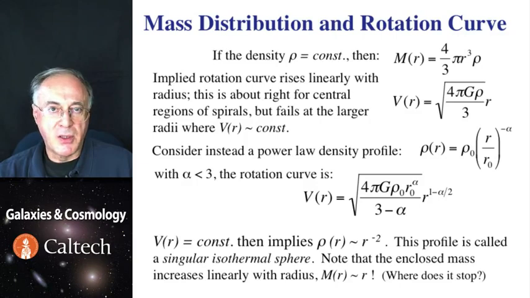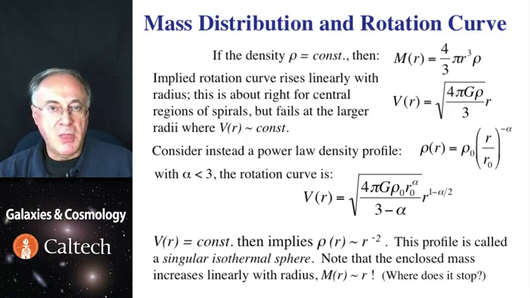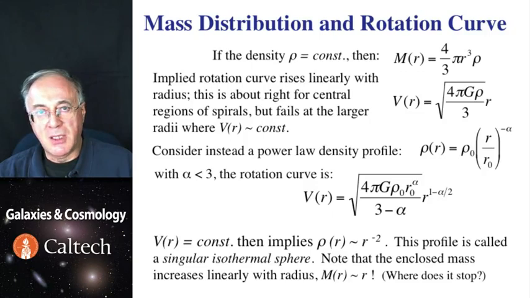Recall, if the density was constant, the mass would increase as the cube of the radius, but because the density declines as the square of the radius, then what's left is just one power. Which means that as far as we can trace the rotation curves of spirals, and they stay flat, the mass keeps increasing. And until recently, we didn't really know where it stops.